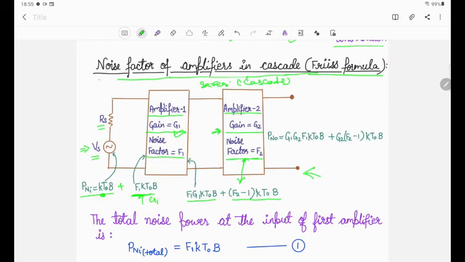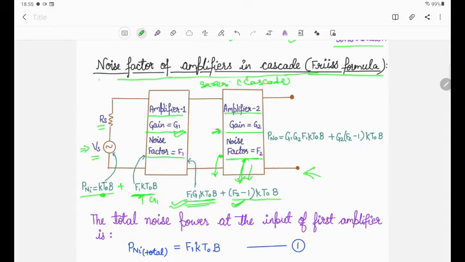So the total input at stage 2, or amplifier 2, is F1 G1 K T0 B plus (F2 minus 1) K T0 B. F1 G1 K T0 B is the output of amplifier 1, and this is the noise power contributed by amplifier 2.